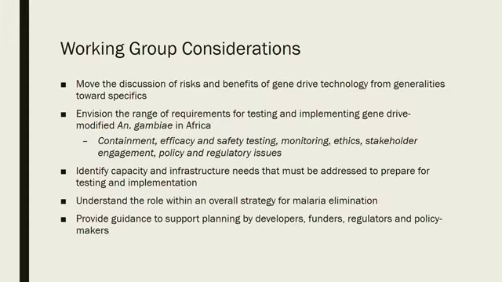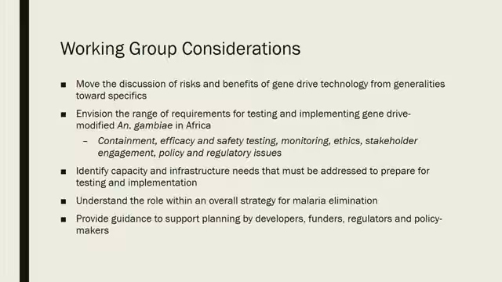So their charge was to envision the range of requirements for testing and implementing gene drive modified Anopheles gambiae, specifically in Africa, and that included consideration of containment requirements, efficacy and safety testing, monitoring, ethics, stakeholder engagement, policy, and regulatory issues.